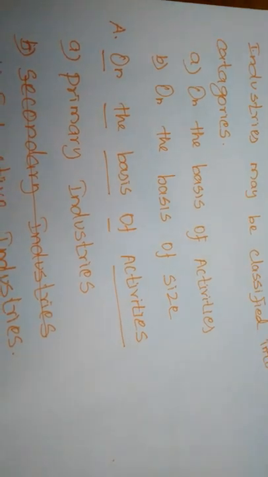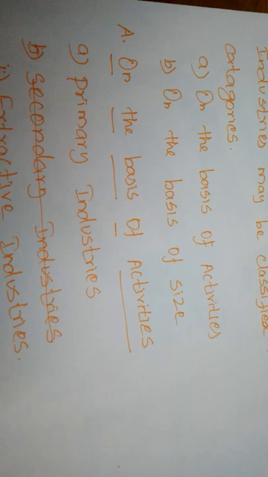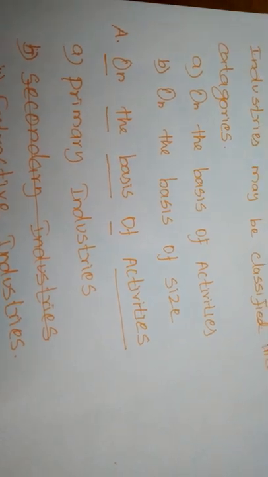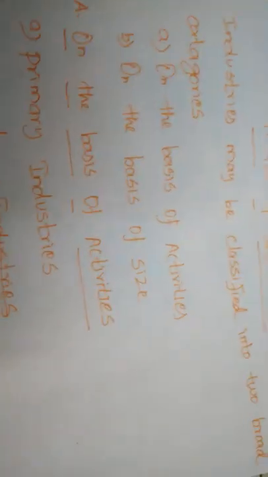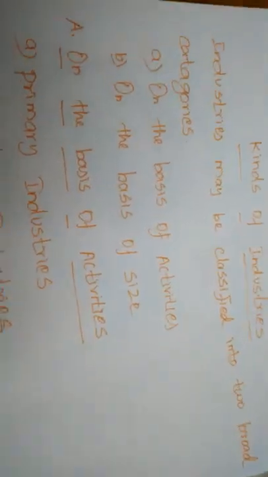The term industry is also used to mean a group of firms producing similar or related goods. We have already studied the same concept in the difference between micro and macroeconomics.